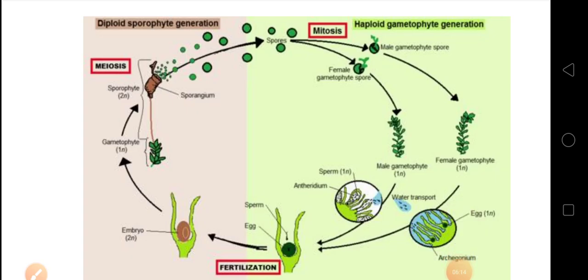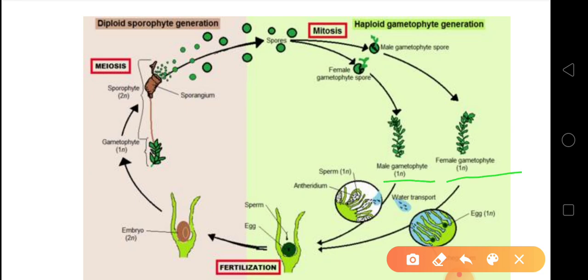Now you can see the life cycle of the bryophytes on your screen. See here children, it is the male gametophyte and it is the female gametophyte. The male gametophyte forms the antheridium. They contain the sperm, that is antherozoids. And the female gametophyte forms the egg.